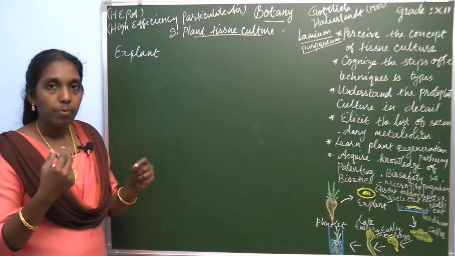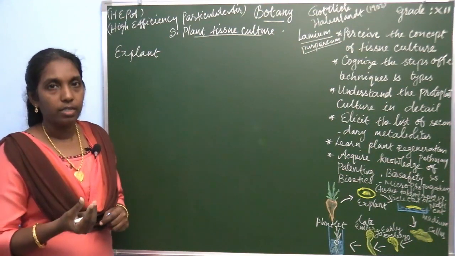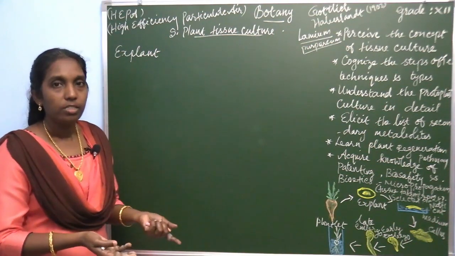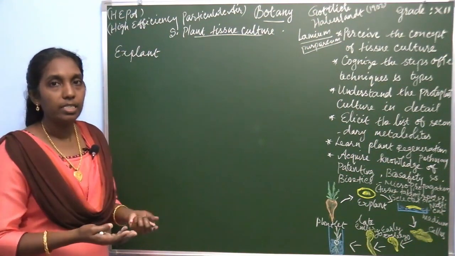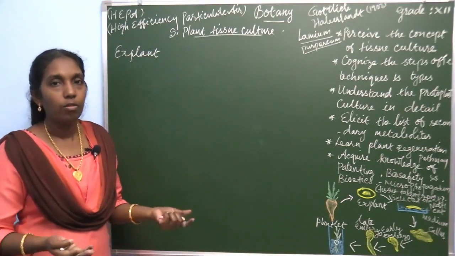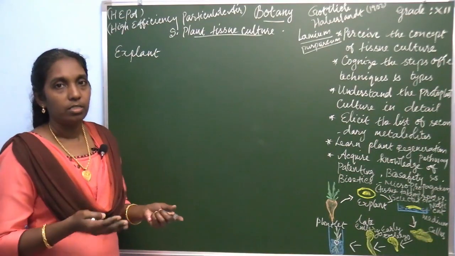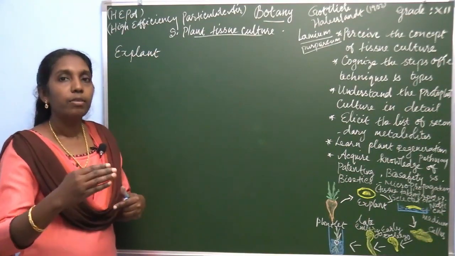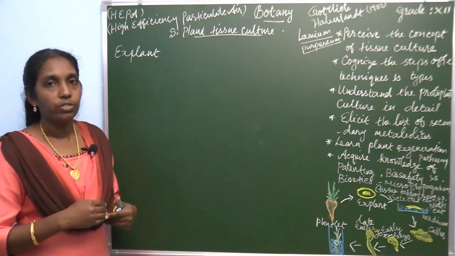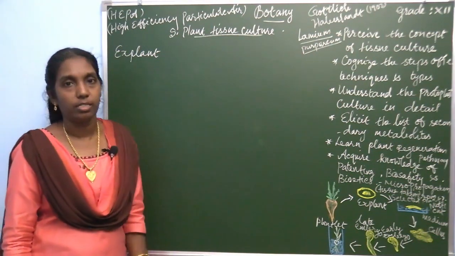So this may be a single cell or a tissue or an organ, which is cultured to develop or multiply it. A single cell can be multiplied into thousands of plants by aseptic condition. That is, away from the normal or natural environmental condition, is called plant tissue culture.